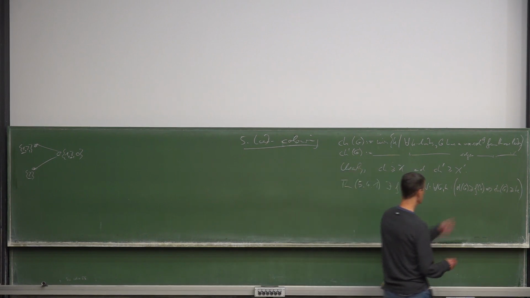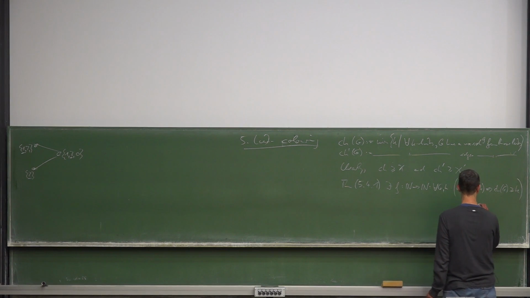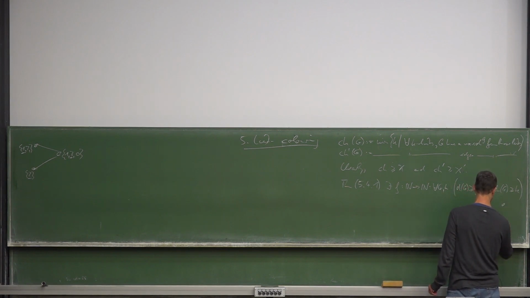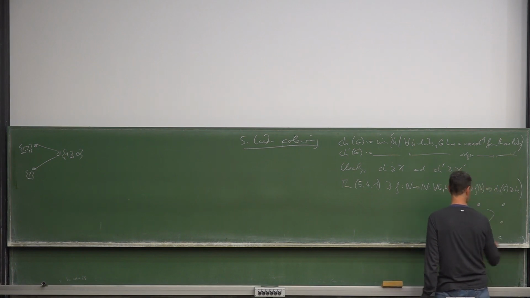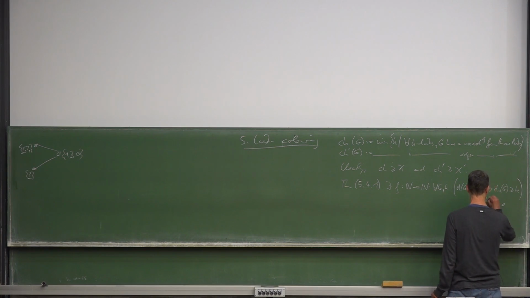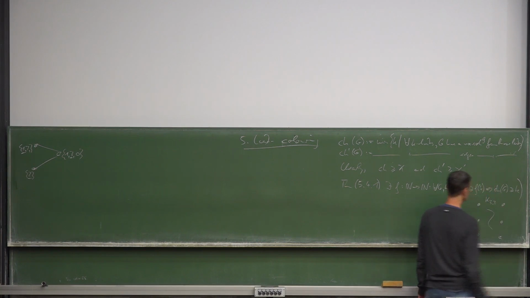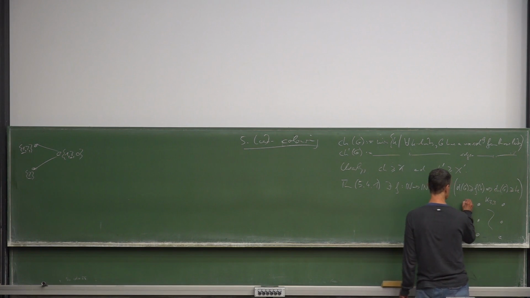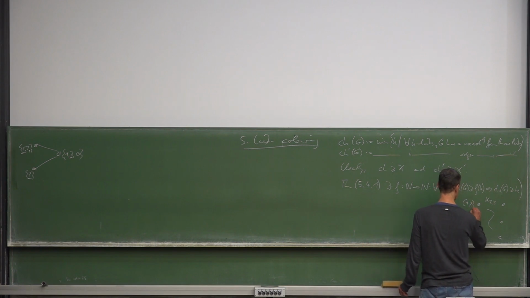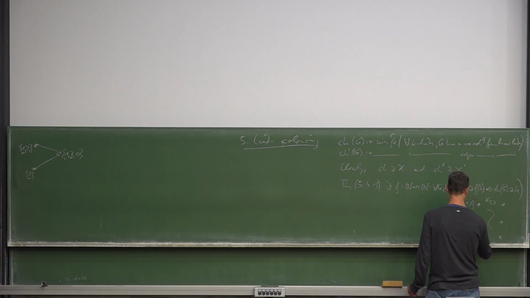So let me give you an example for K33. So that's K, 3, 3. And the example is we have lists 1, 2, 2, 3, and 1, 3.